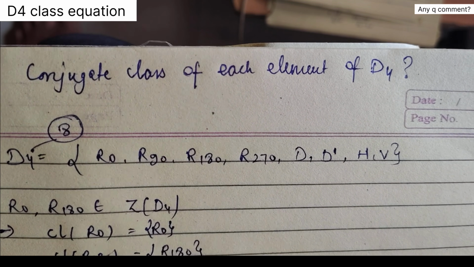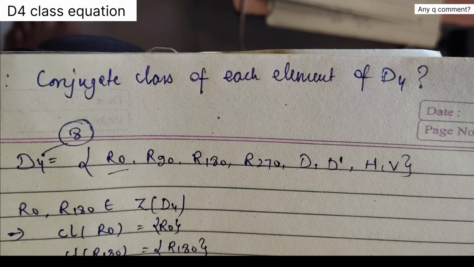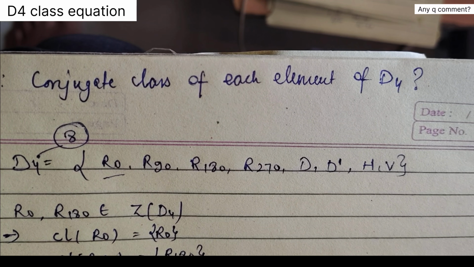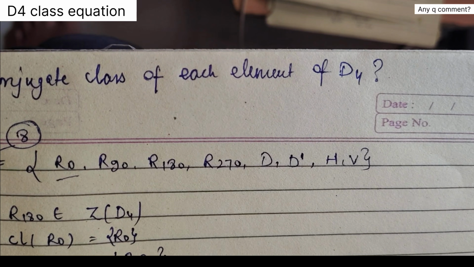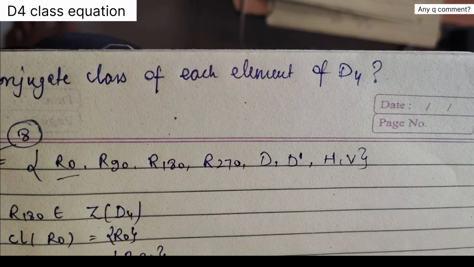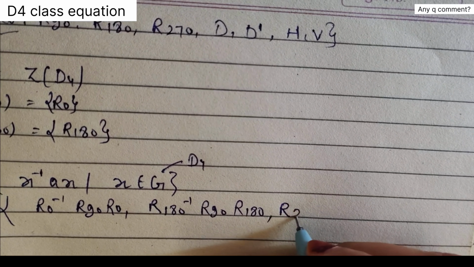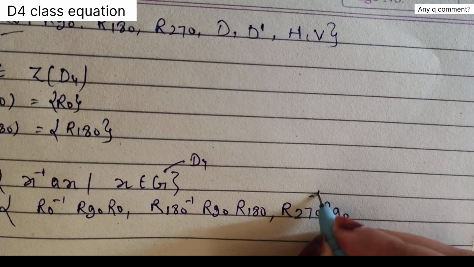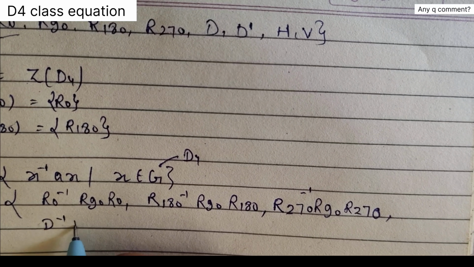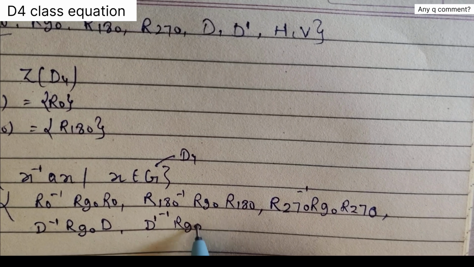Starting with R0 inverse R90 R0, then R180 inverse R90 R180, then R270 inverse R90 R270, then D inverse R90 D, and D dash inverse R90 D dash.